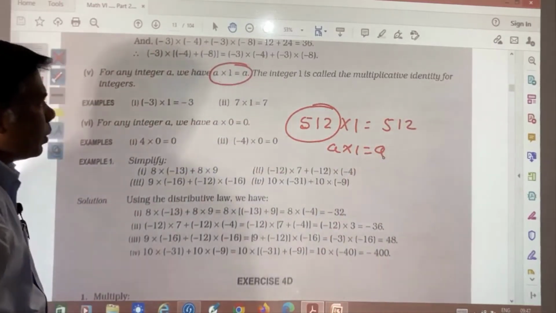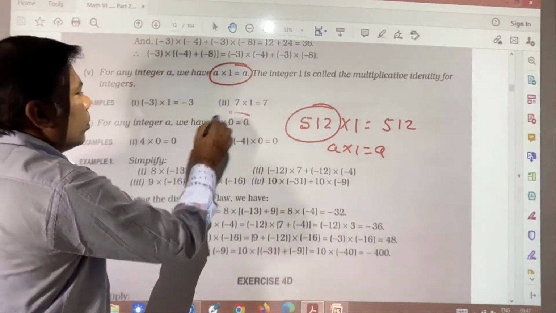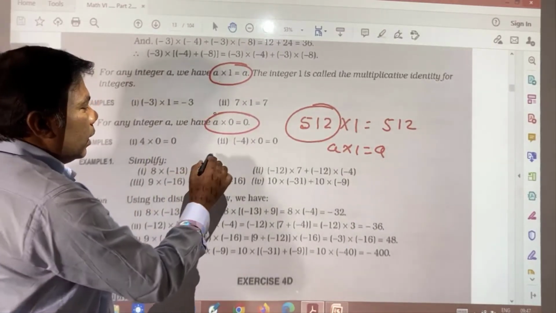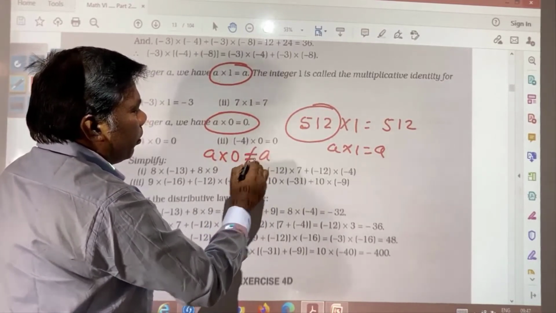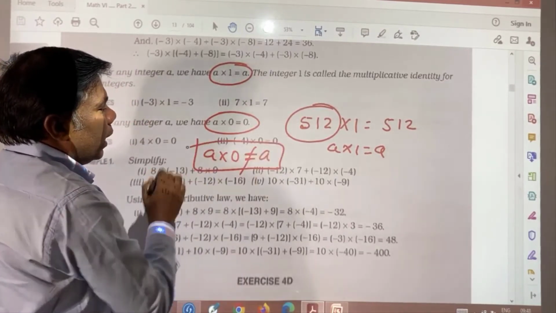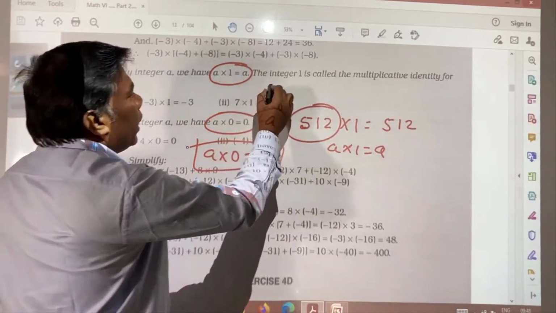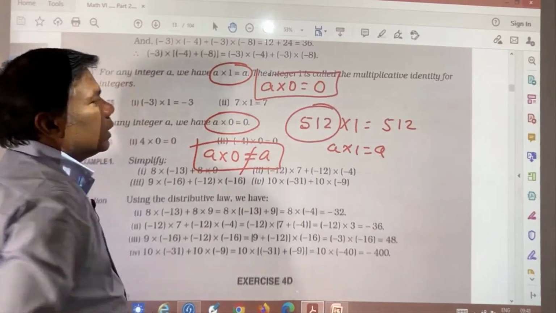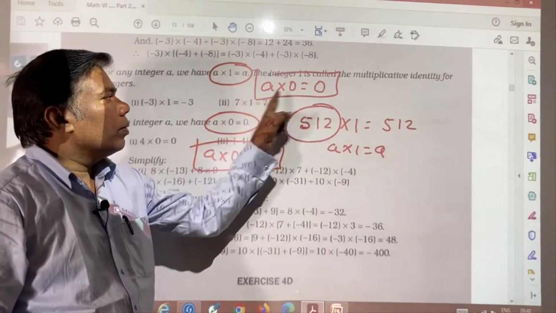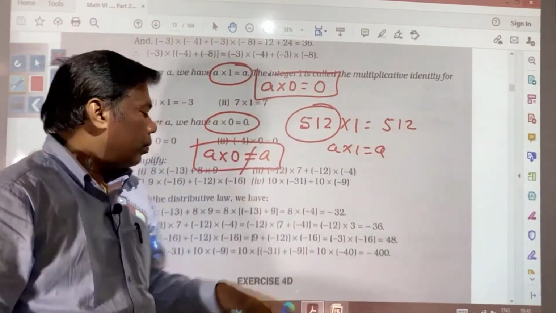This you need to remember. And again, many children make mistakes here also. A into 0 is not a. A into 0 is equal to 0. Any number multiplied by 0, the value will become 0.